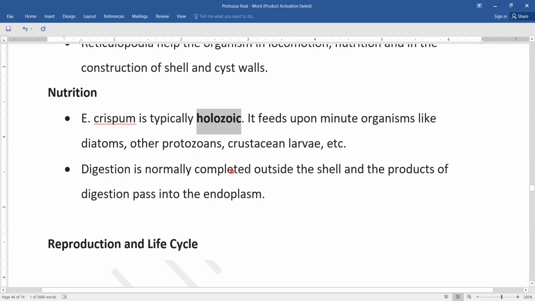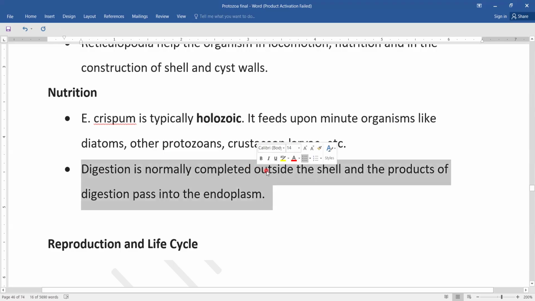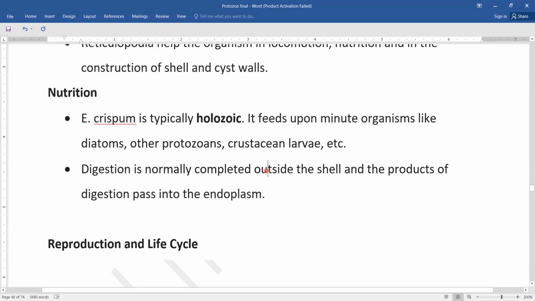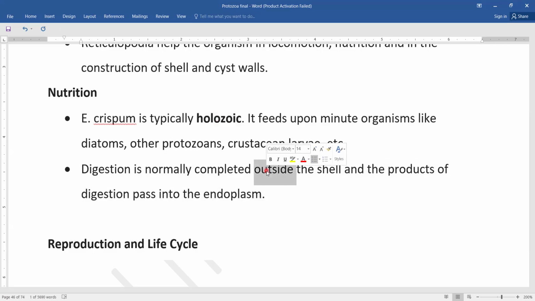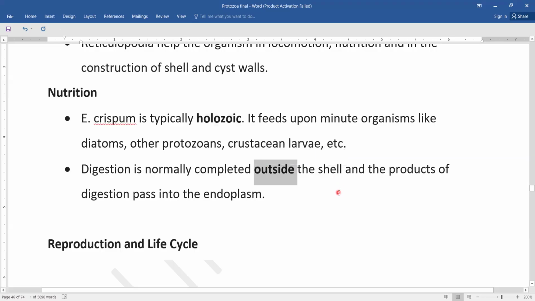Digestion is normally completed outside, because the digestive secretions from the cytoplasm are secreted outside the shell, and the products of digestion pass into the endoplasm.